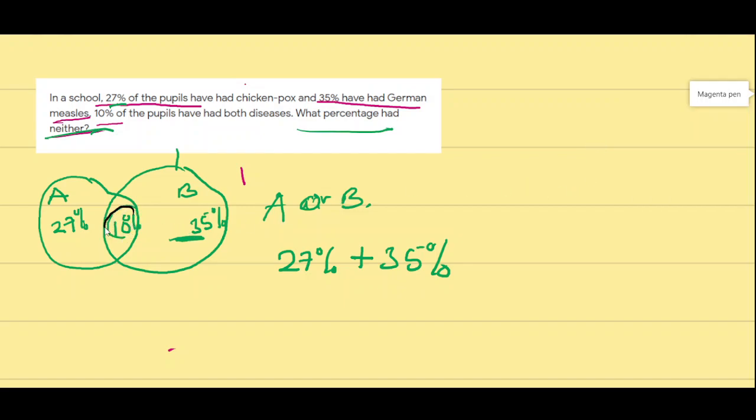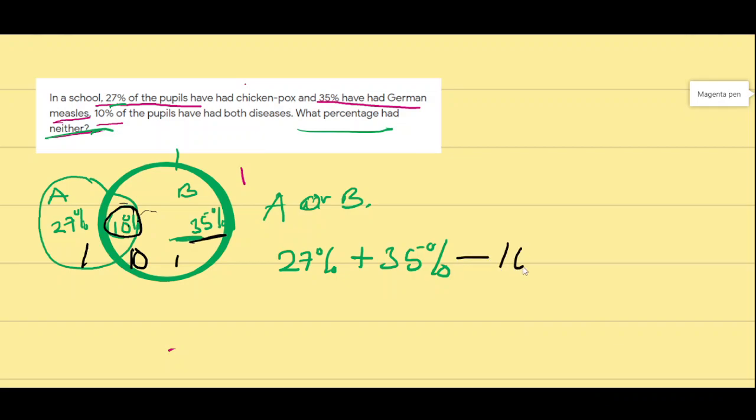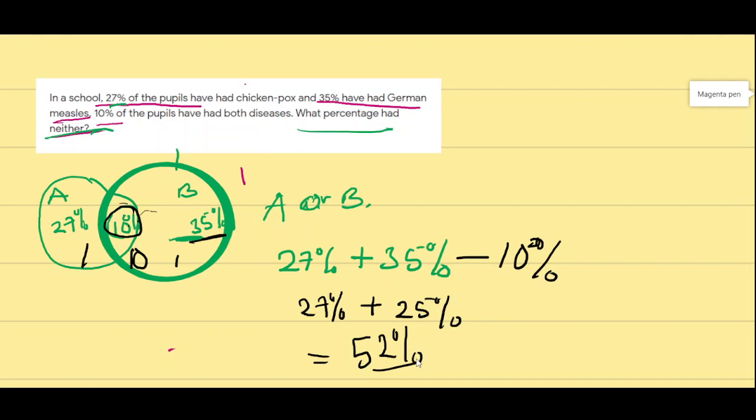When we come to the 35, we also have counted 10, because 10% overlap both A and B. So we have to subtract the 10 since we counted it 2 times. When we subtract, this will be 27% plus 25%, so that is 52%. So 52% have had at least one disease.